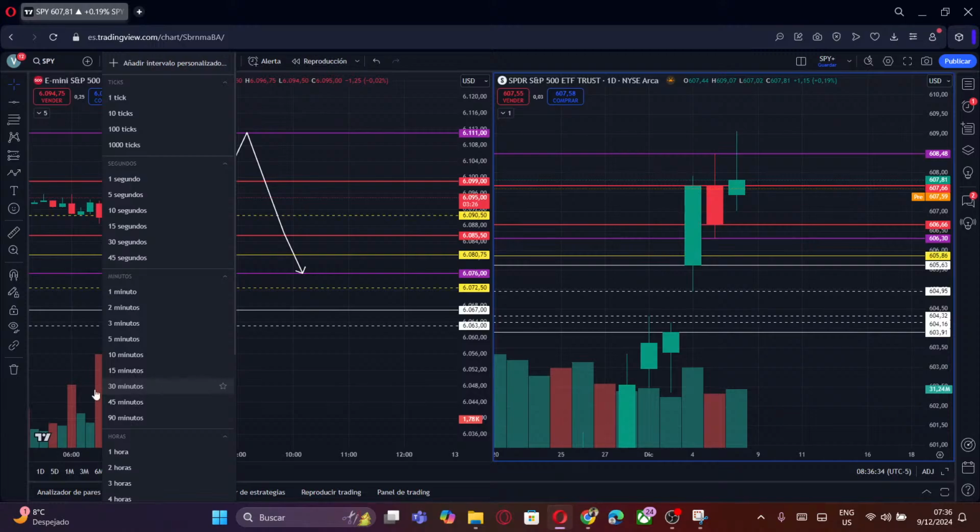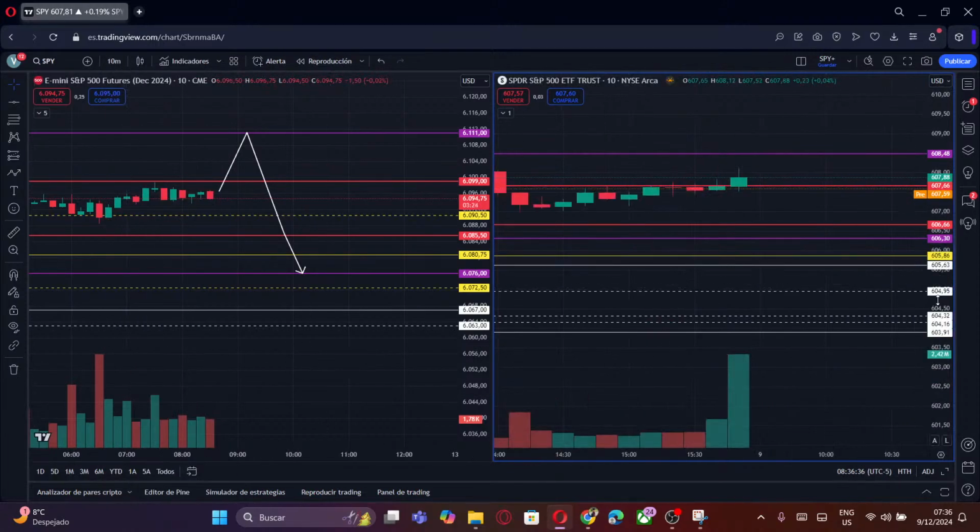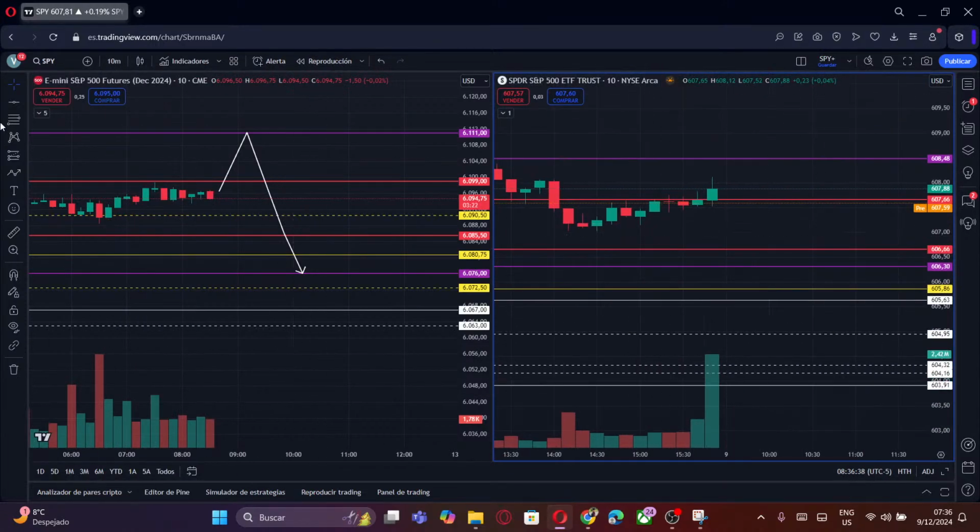Okay, let's go to SPY 10 minutes to define the same scenario. Purple rejection, coming down to red to continue going to the next one, because we already have filled up half of the space between the red line, as you can see, for both ES and SPY.